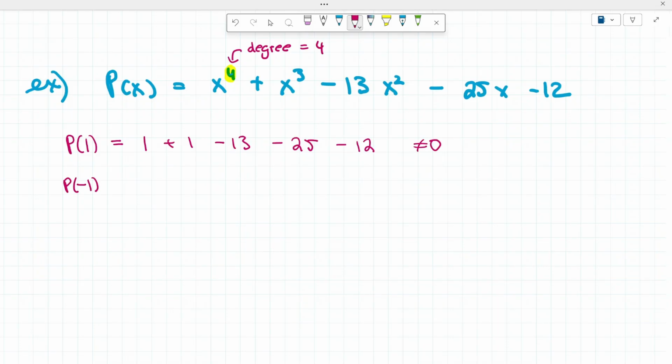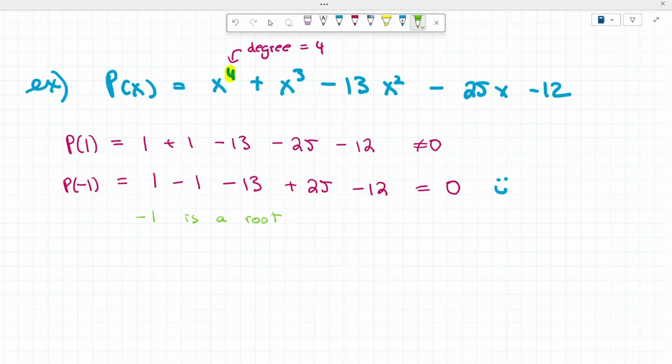What about p of negative 1? We get 1 minus 1 minus 13 plus 25 minus 12, and hey, that equals 0. So that means negative 1 is a root.